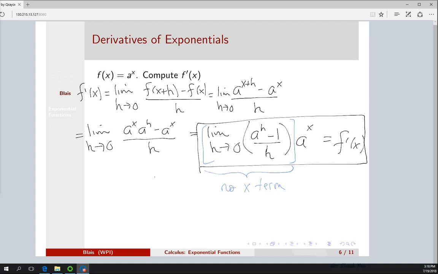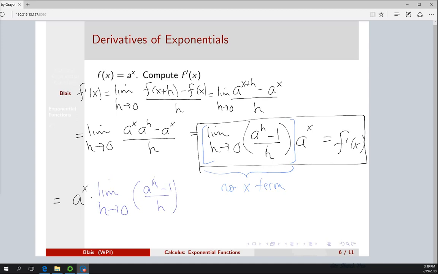What that means is this limit, if we are factoring this a to the x out, right, a to the x has no h, so you can think of factoring it out of the limit. And maybe that's a good thing to do explicitly. So what we have is a to the x times the limit as h goes to 0 of the quantity a to the h minus 1 over h.